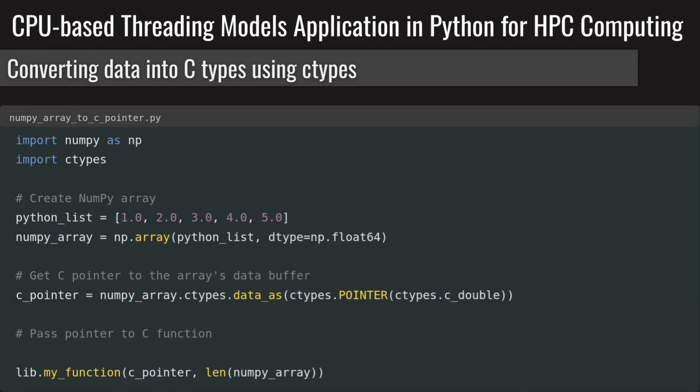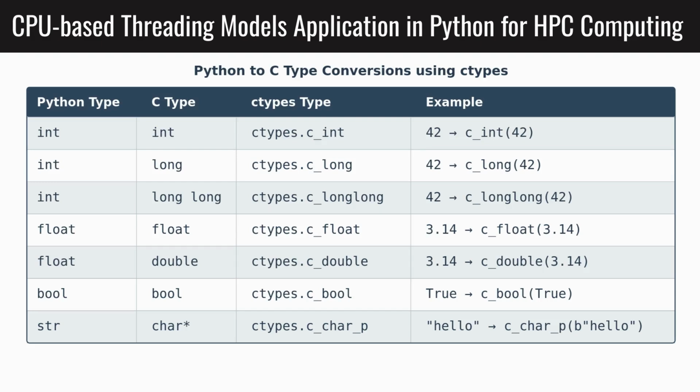Keep in mind that NumPy is only useful in this situation if we wish to pre-process arrays, such as changing the values or reshaping them before passing them to the external code. In all other circumstances, the use of NumPy is not mandatory. And here is a table that shows the Python to C data type conversion rules used by ctypes with examples.